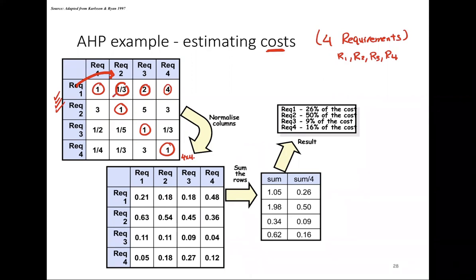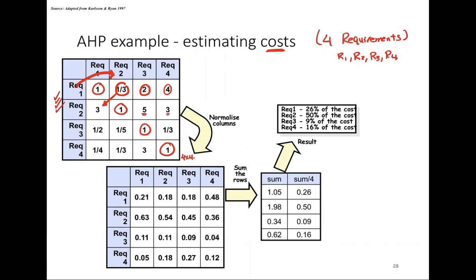If the cost of requirement 1 to requirement 2 is 1/3, that means the cost of requirement 2 against requirement 1 is 3 times costly. Requirement 2 against 3 is 5 times more expensive, and requirement 2 against requirement 4 is 3 times more expensive.